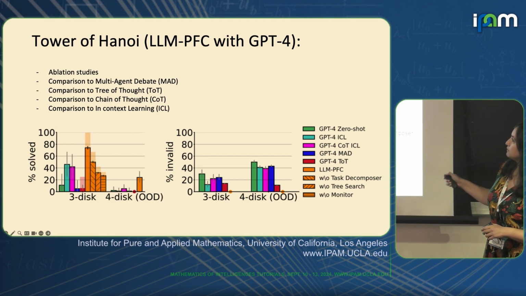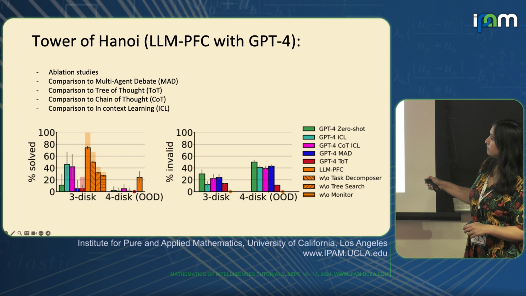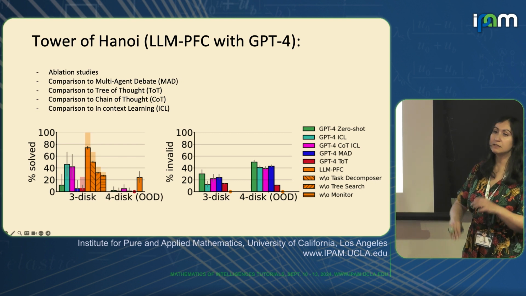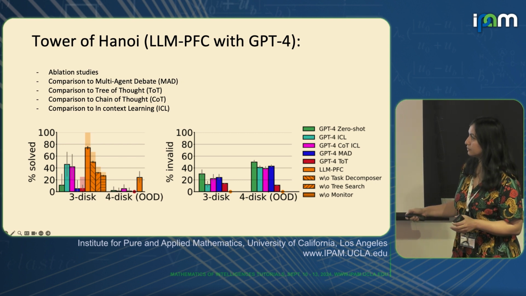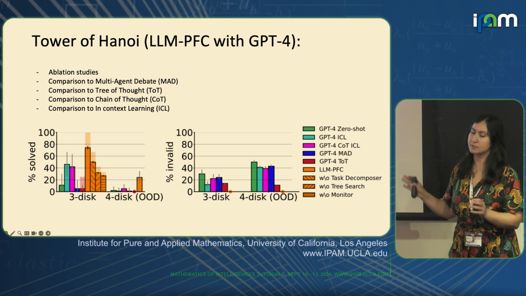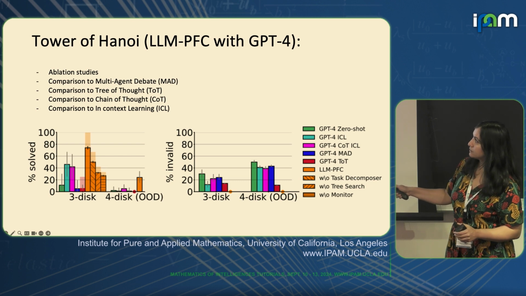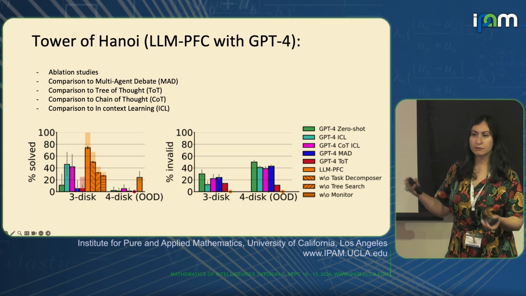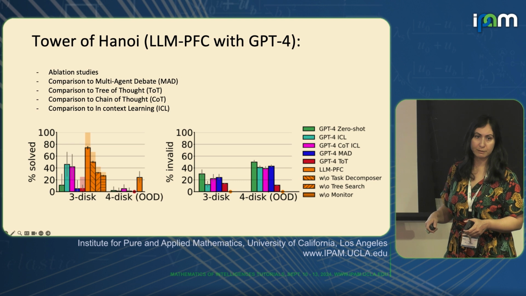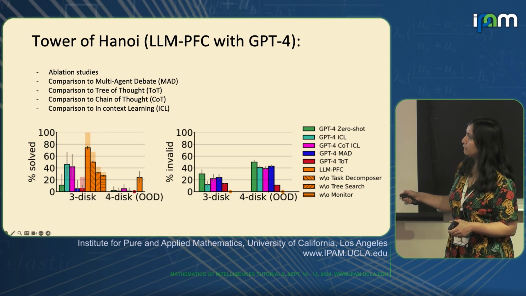So what you see here is GPT-4 zero-shot in green, GPT-4 in-context learning, giving a lot of chain of thought and ICL. You know, people say, what if you do this, what if you do that? We said, okay, we're going to do that. Comparing it to MAD, which is multi-agent debate, another method for solving problems, another paper that had proposed it. Comparing it to Tree of Thought, which is the red guy over here.